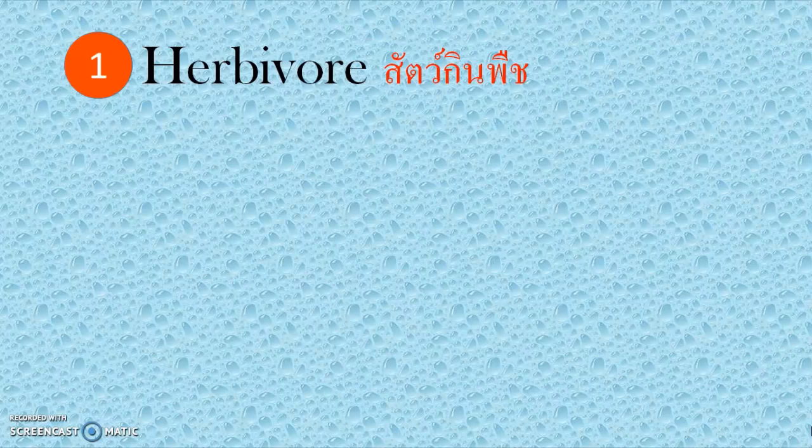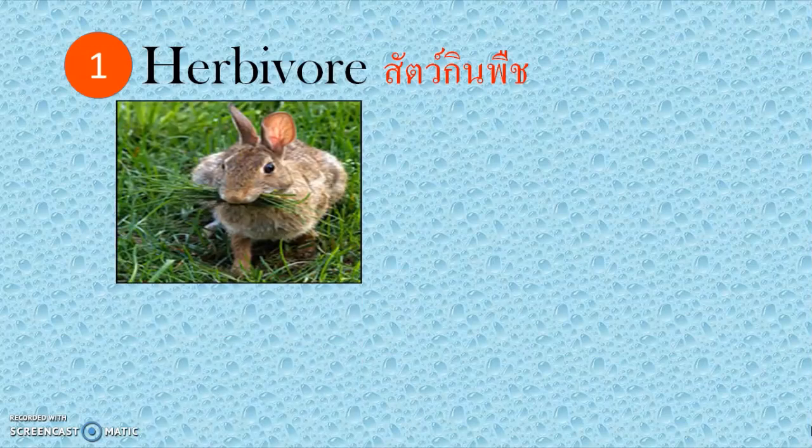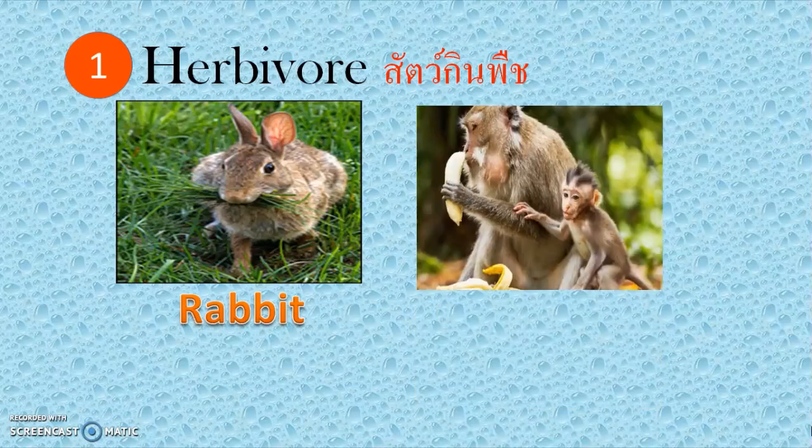The examples of herbivore are the rabbit and the monkey.